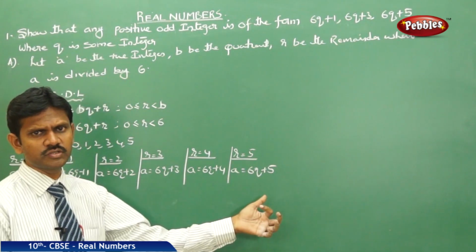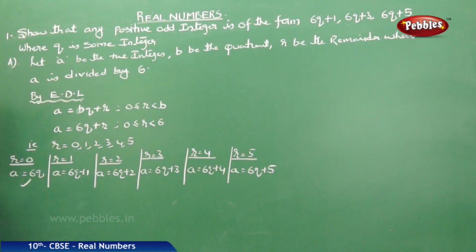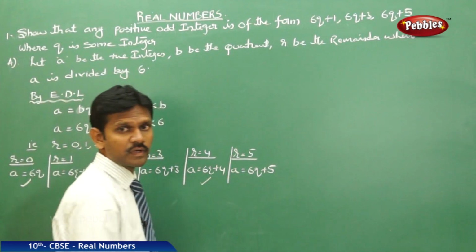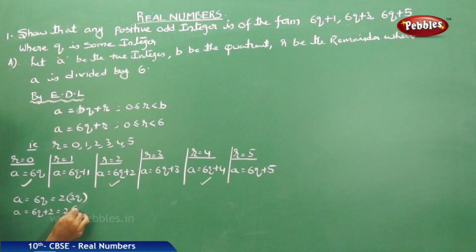Among the 6 values, which can be further simplified? That is, a is equal to 6q, nothing but 2 times 3q. Next, a is equal to 6q plus 2, 2 times 3q plus 1.